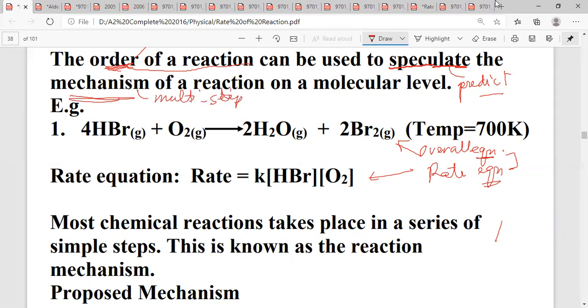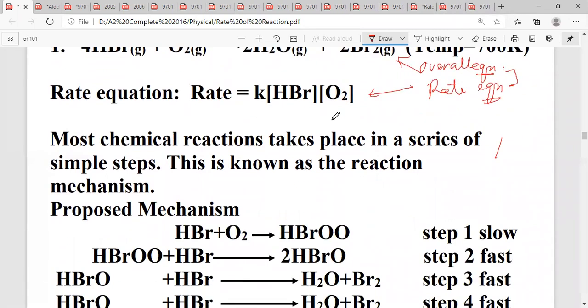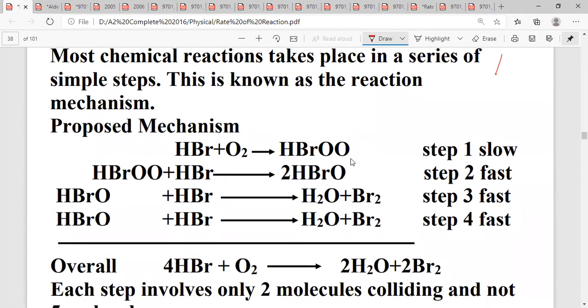Now you must understand first, sometimes Cambridge does this. Most chemical reactions take place in a series of multi-steps, and normally two different things collide. The collision is between two, not three, not four.